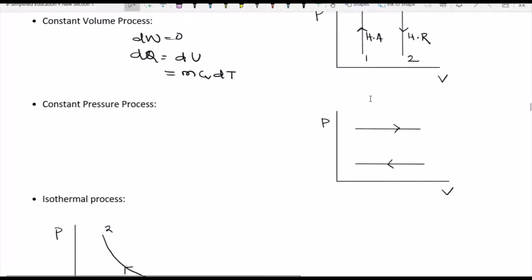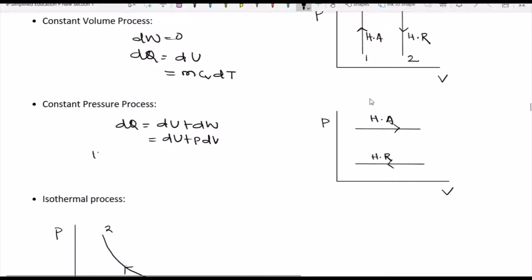Next, coming to the constant pressure process. If the volume is increasing, heat addition takes place. If the volume is decreasing, then heat rejection takes place. So dQ equals dU plus dW, and we know dW is pdV, so dU plus pdV.